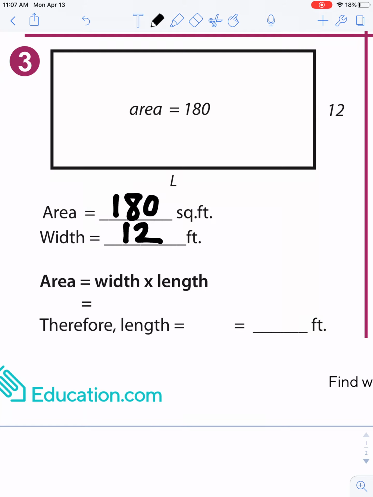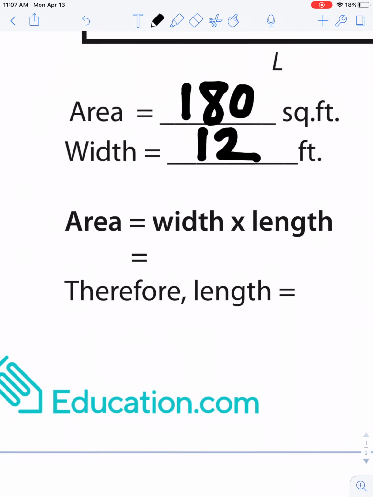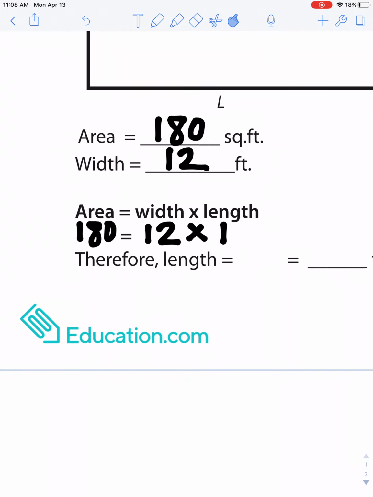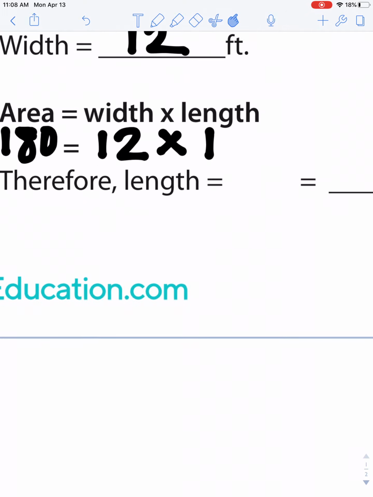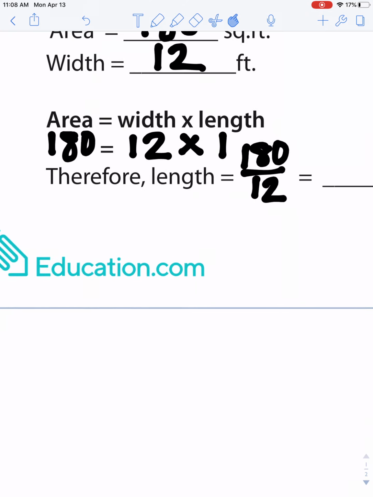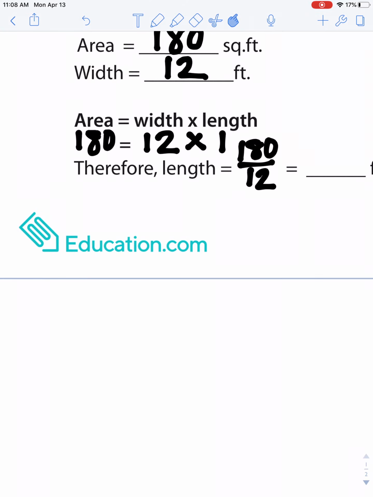When we plug that information into our formula, we have our area 180, which equals the width 12 times the length, which we don't know yet. So we're setting up a division problem using the total area, 180 divided by 12. And those are some big numbers.